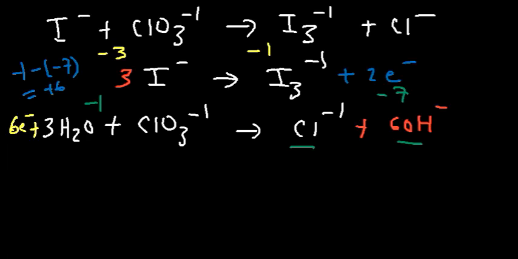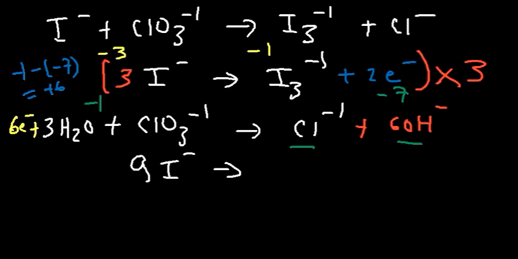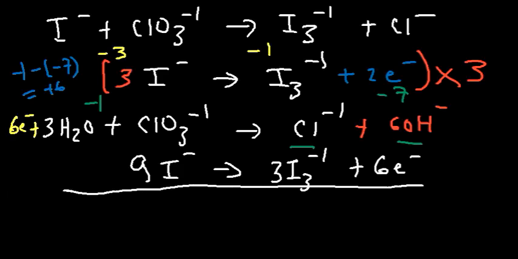So now, we need to multiply this equation by 3 so that the number of electrons are the same. So if we do that, we're going to have 9 iodide ions, 3 triiodide ions, and 6 electrons. So now let's add the 2 equations. Those will cancel.